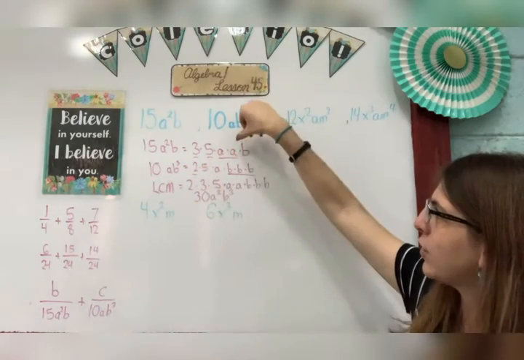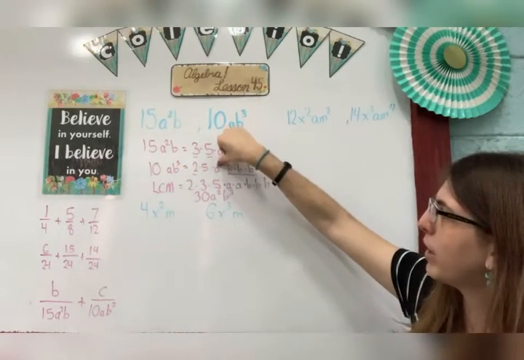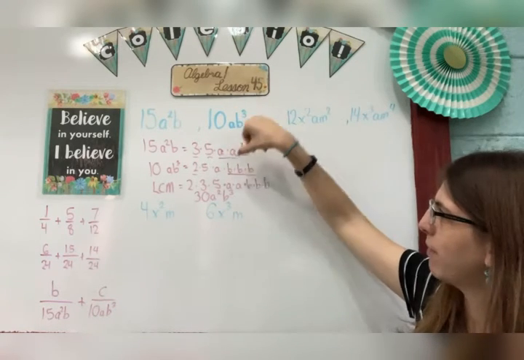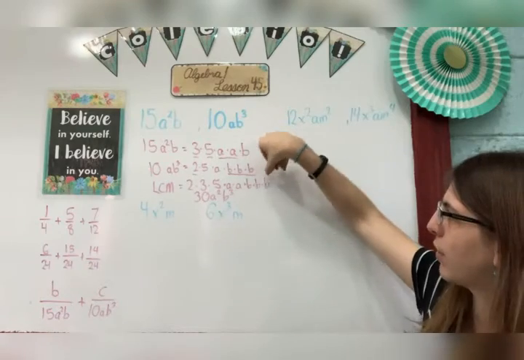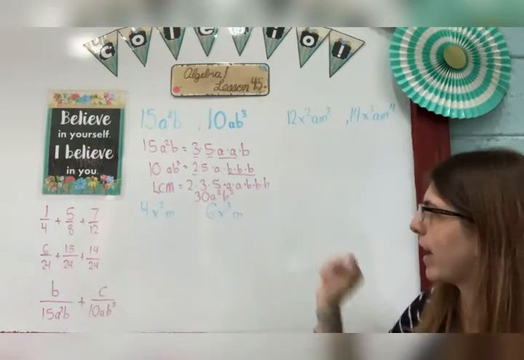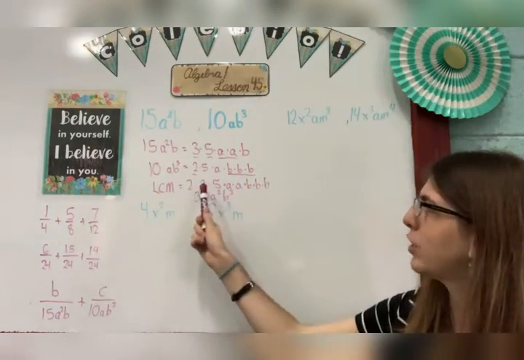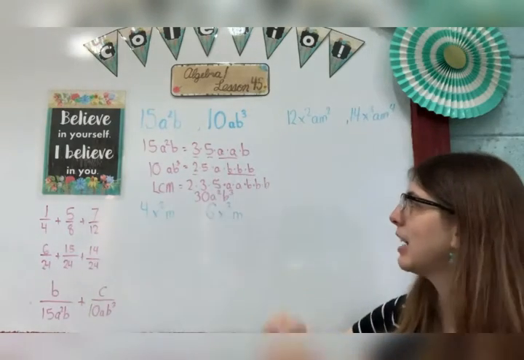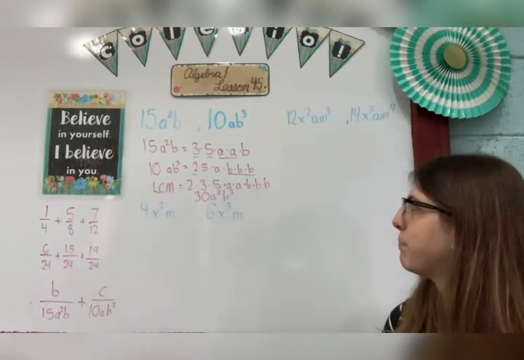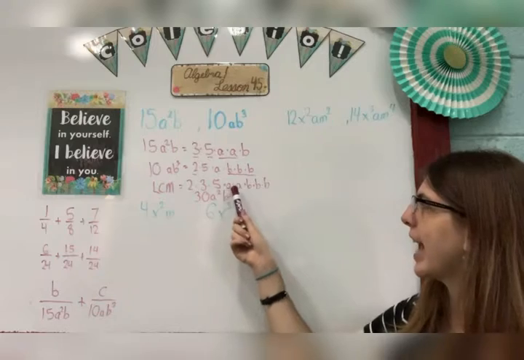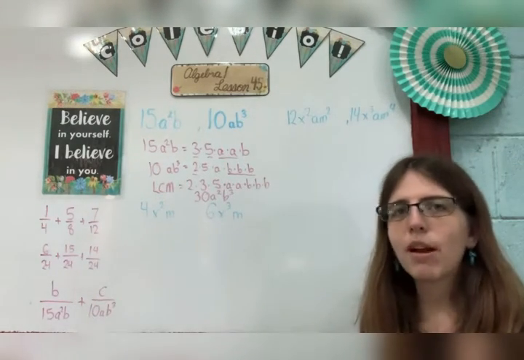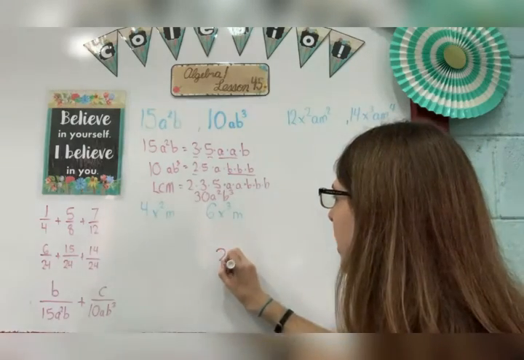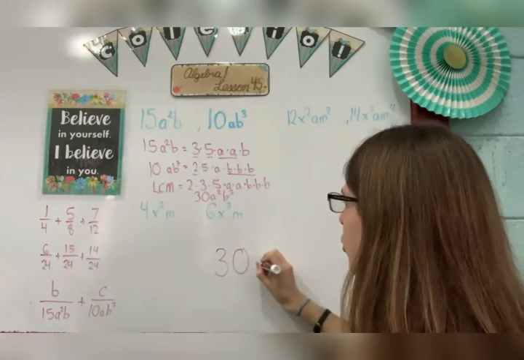For a, it's used twice with 15, but only once for 10, so twice is greater. b is used once in 15, but 3 times in 10, so 3 b's are greater. So then I multiply, 2 times 3 is 6, times 5 is 30. Then I have a squared, so 2 a's, b cubed, 3 b's. Let me write that again a little bit bigger, and I'm going to erase it after I do that, just to show you something.